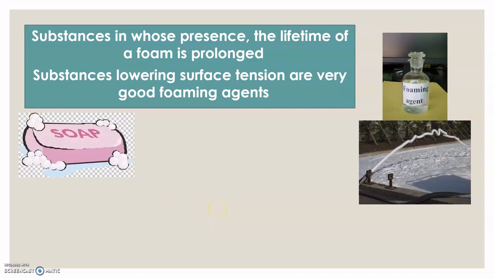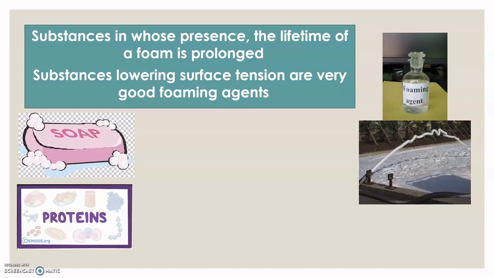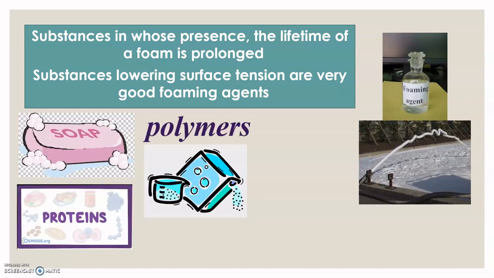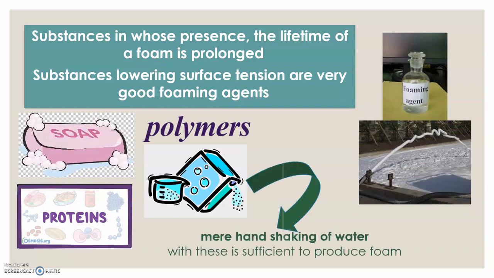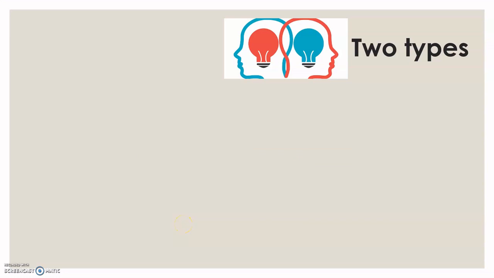Examples of foaming agents include soap, proteins, detergents, polymers, etc. Now these are such good foaming agents that mere shaking of these materials with water itself will be sufficient to produce foams. Foaming agents are of two types.